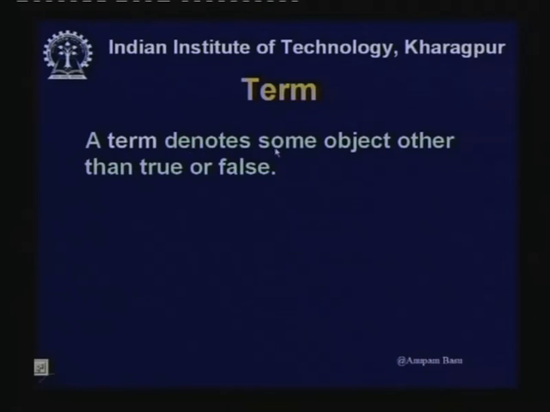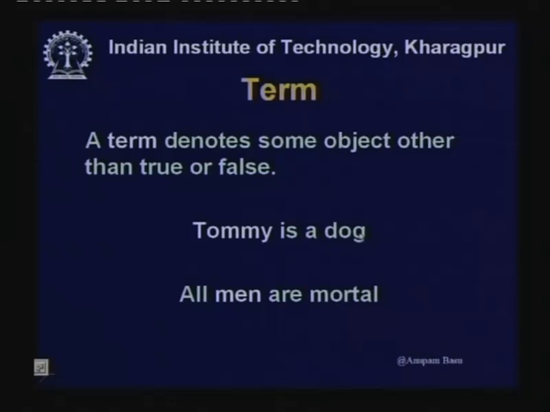A term denotes some object, other than the constants true or false that we have already encountered. Tommy is a dog: Tommy is a term. All men are mortal: men is a term. Very similar to what we talked about in our propositional logic lectures, where we mentioned them as objects. So, each of them is a term.